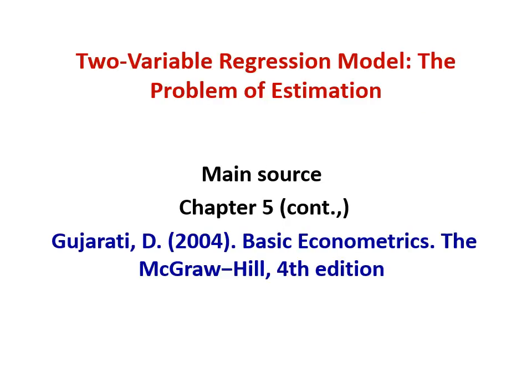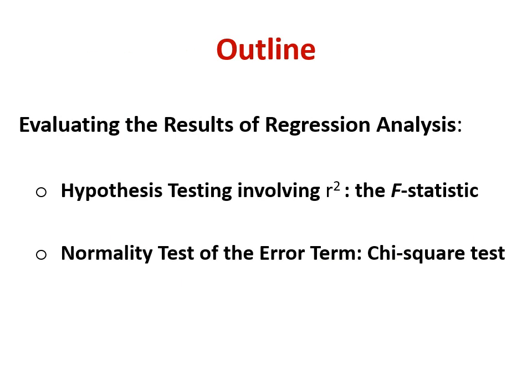Today we will continue covering a discussion of Chapter 5 of Gujarati 2004. From the previous chapters, you already know that hypothesis testing assumes that the model chosen for empirical analysis is adequate.